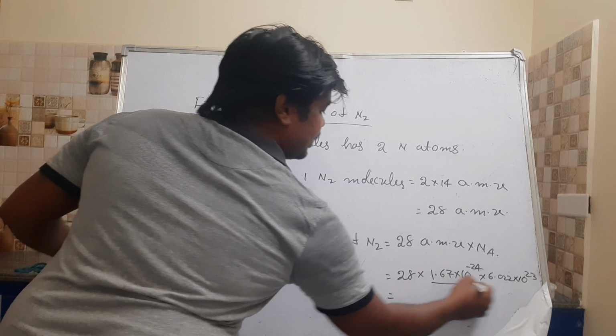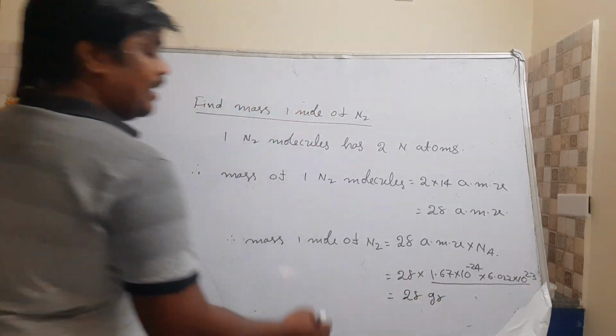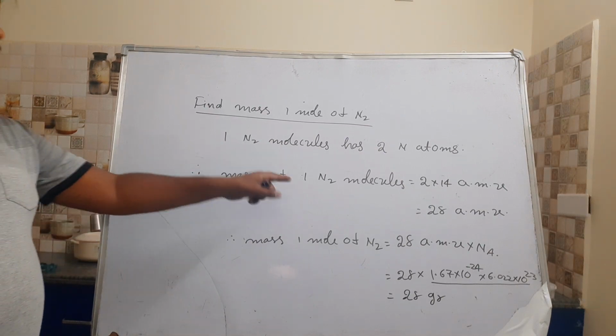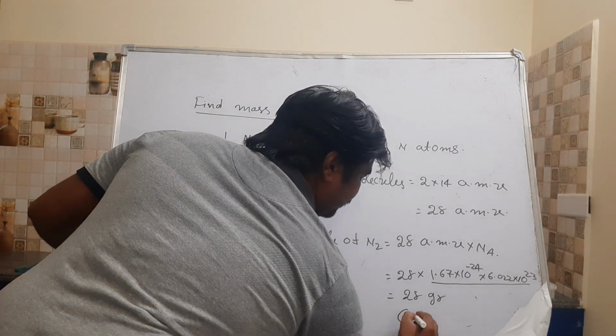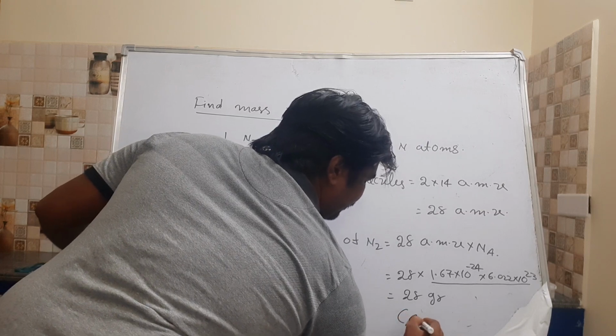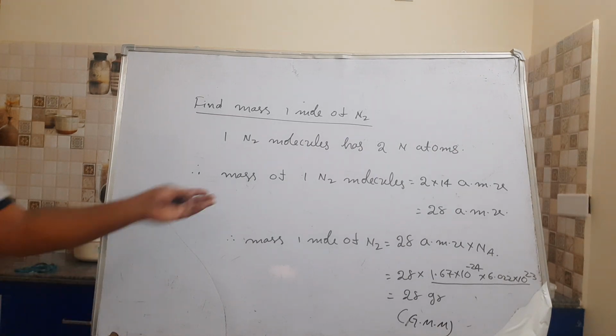This is equal to 1, so 28 grams is the gram molecular mass of nitrogen. This is called gram molecular mass, otherwise gram molar mass of nitrogen.